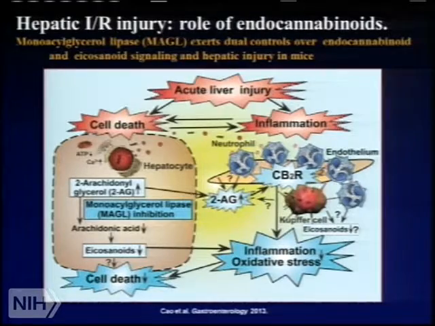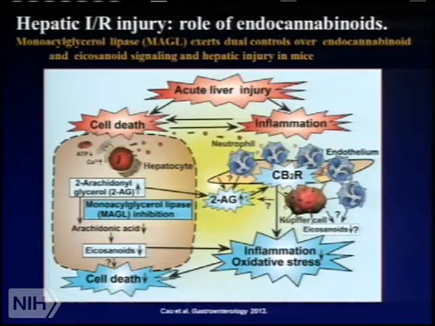But as I mentioned, inhibition of COX-2 during kidney injury or heart injury, especially long-term inhibition, may be problematic because some of these prostaglandins are protective. For example, prostaglandin E2, which I showed in the previous slides, also plays a very important role in liver regeneration.